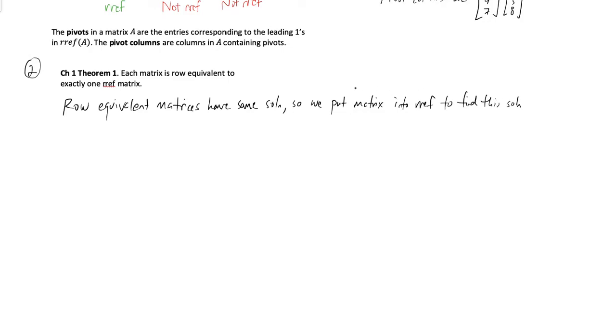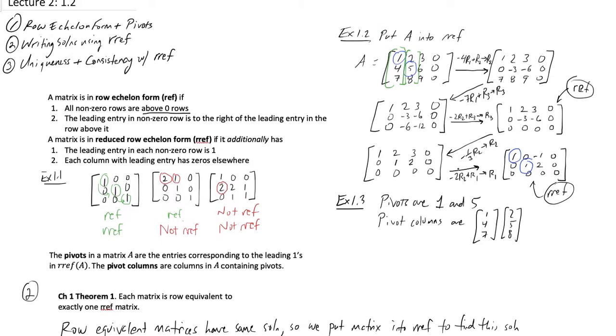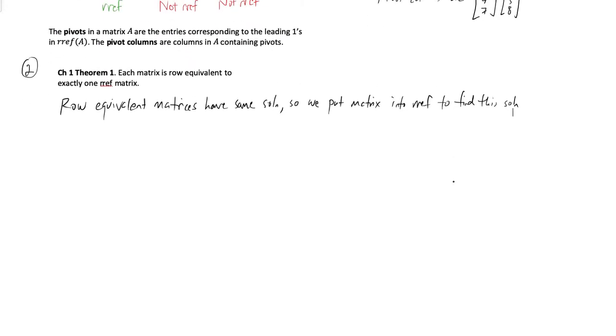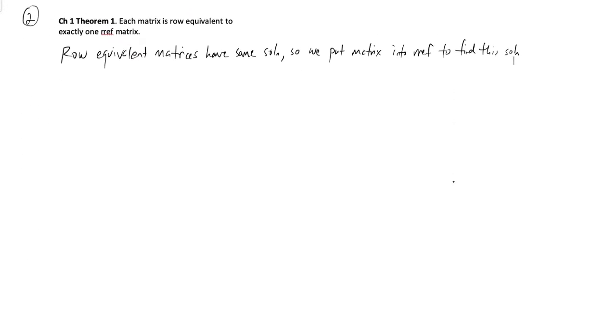There's an infinite number of matrices that are row equivalent, but the one that will give us the solution most clearly is the rref matrix. You can see from just reading this as a set of equations that this is a very simple set of equations. It very quickly tells us what the solution set is. So chapter 1, theorem 1 is super important for finding solution sets.